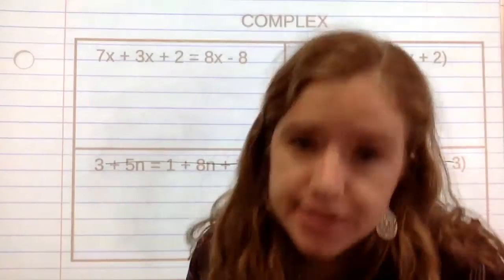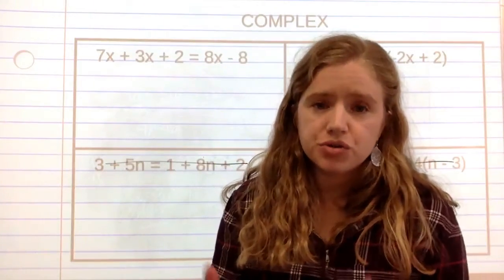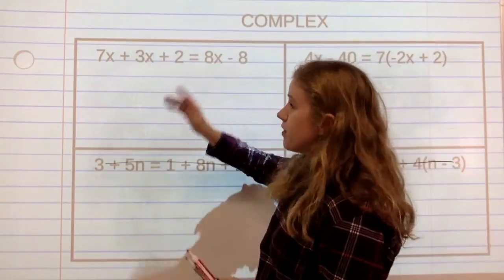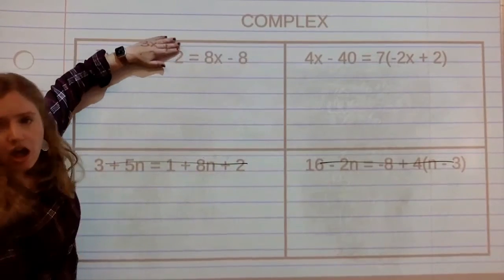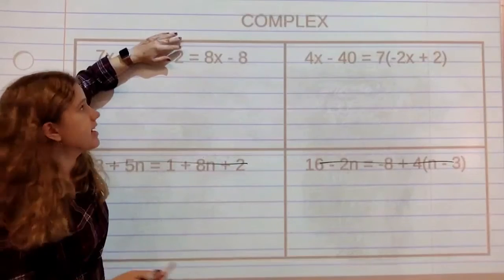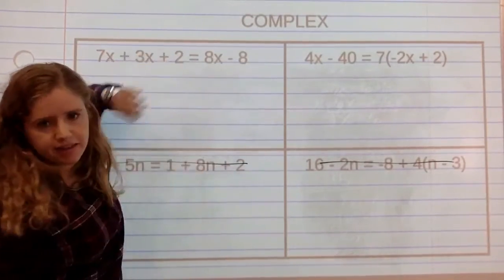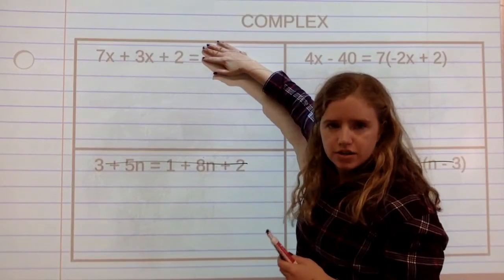Now, when it gets to complex, there's just one question that I need to ask before we actually do the same thing that we've been doing. If I cover up any side of the equal sign, like this, my first question always has to be, are there any like terms I can combine? So there's nothing there. But if I cover up this side, there are like terms that I can combine.